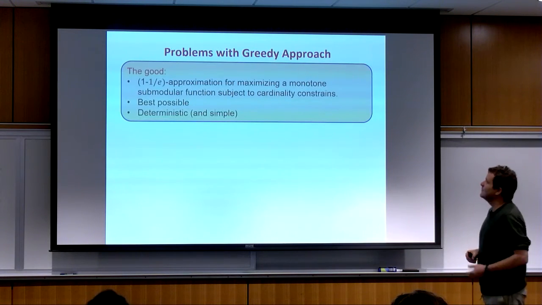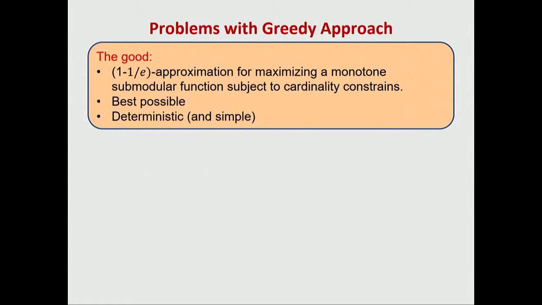So let's see what is good and what is bad about this greedy. Let's start with the good news. The good news we already said and proved: it is a 1 minus 1 over e approximation for monotone submodular functions subject to cardinality constraints. It's the best possible in the Oracle model. It's deterministic and it's simple, right? There is nothing simpler than this greedy.